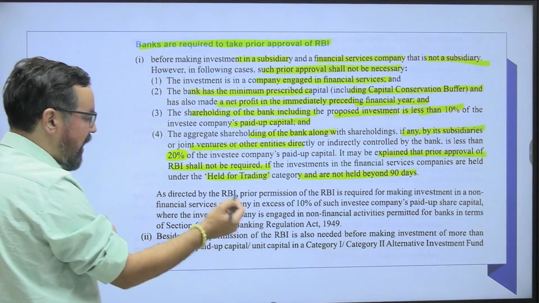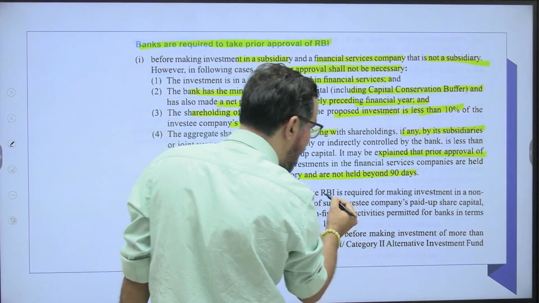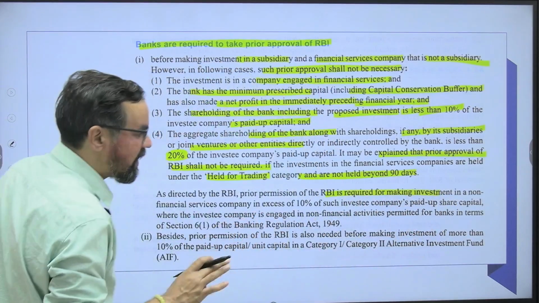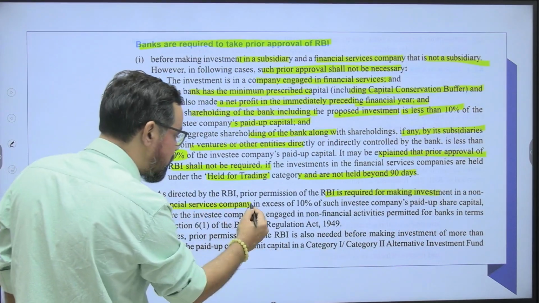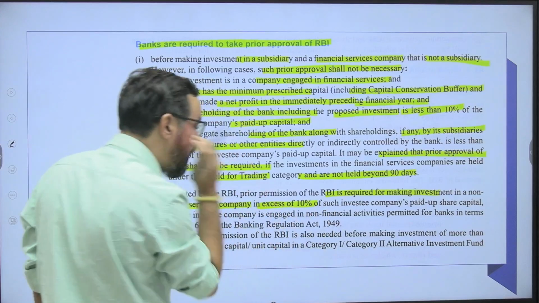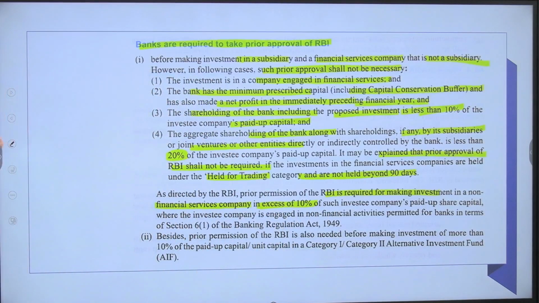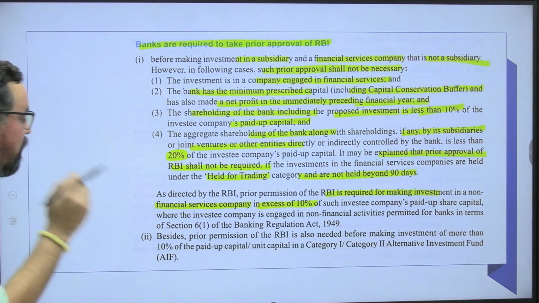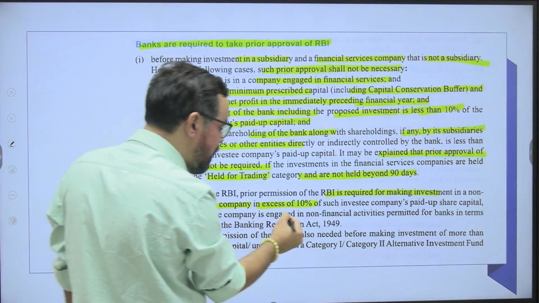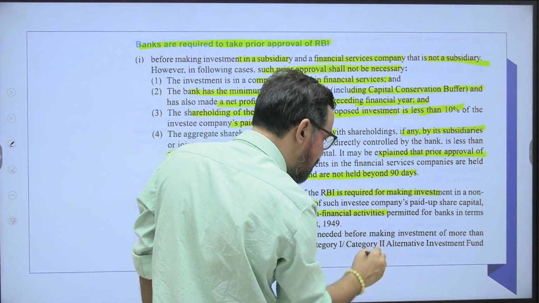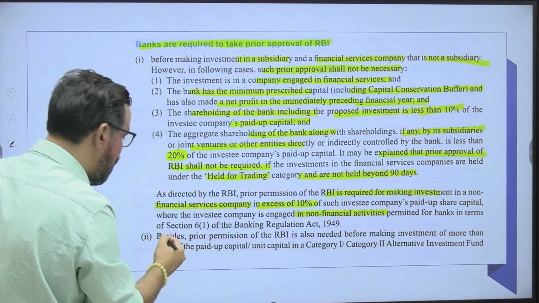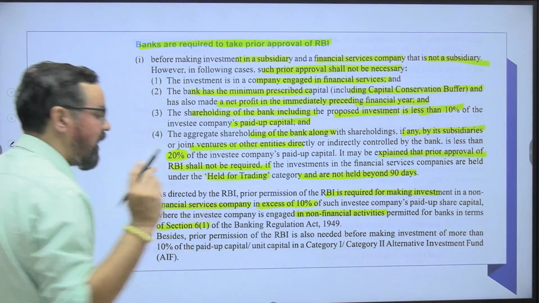As directed by RBI, prior permission of RBI is required for making investment in non-financial services company if it exceeds 10% of such investee company's paid up share capital, where the investee company is engaged in non-financial services permitted for banks in terms of section 6 of BR Act 1949.